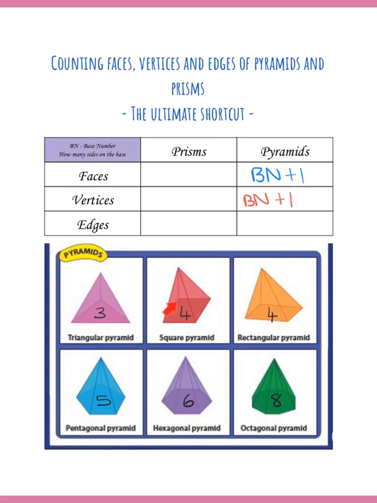Square pyramid, 1, 2, 3, 4 at the base, but then also 4 edges pointing upwards. The pentagon has 1, 2, 3, 4, 5 edges on the base and 5 going upwards towards the top vertex. This means that our formula will simply be base number times 2. You just double the base number and you'll know how many edges on your pyramid.